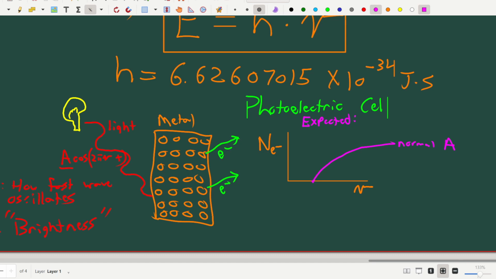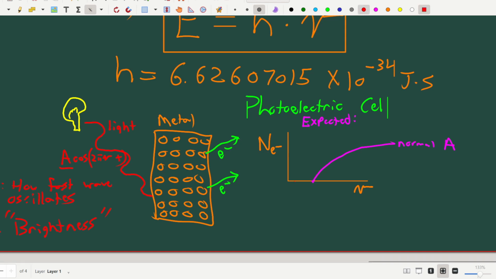And so that would mean that the frequency at which we would expect the electrons to start kicking off would be lower, because now there's more energy per unit light, if you will. Because we've turned it brighter, we have more energy per photon, if you will, a higher amplitude. So the critical amount of energy should be at a lower frequency.